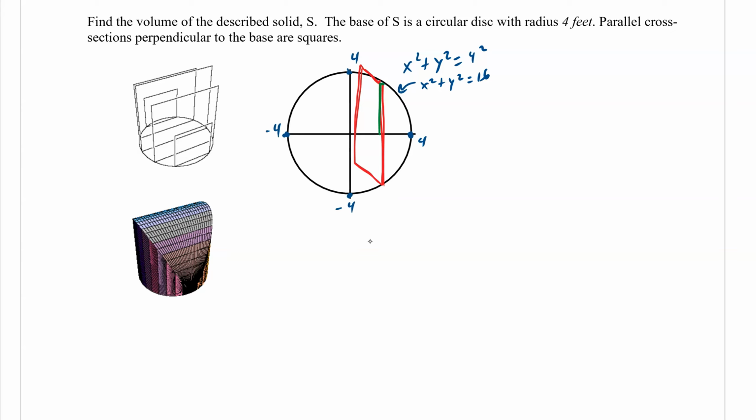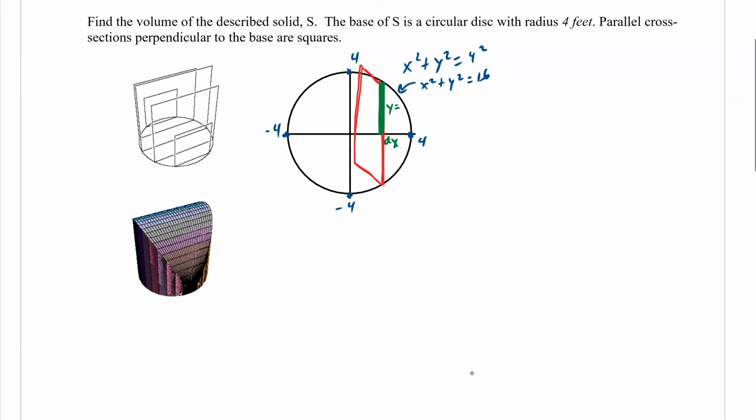I can draw a rectangle here just like we've been doing, and that rectangle represents a portion of one of the squares. So let's label it: that would be y and dx for this. Then how would that square translate? That square goes from the negative 4 all the way through the shape to positive 4.